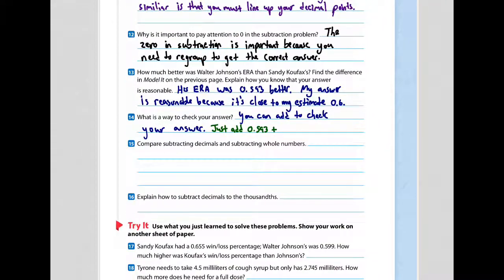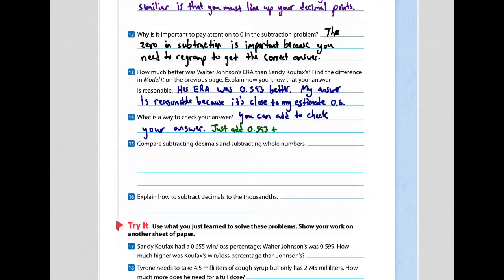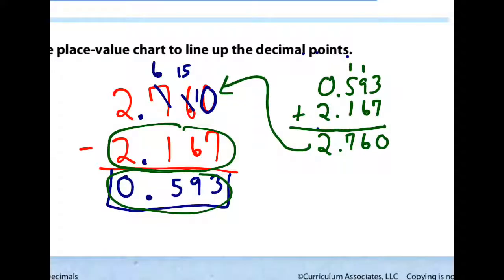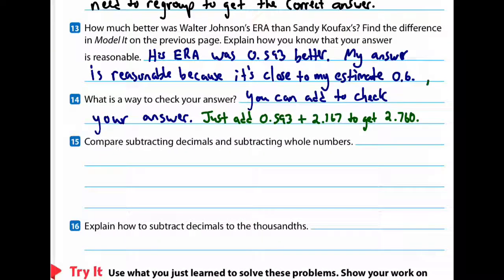I guess I have to look back on the other page. 0.593 plus 2.167 to get 2.760? Yep. All right. Okay, so if you said something along those same lines, don't change your answer. If you made a mistake, you have time to pause it and fix it.